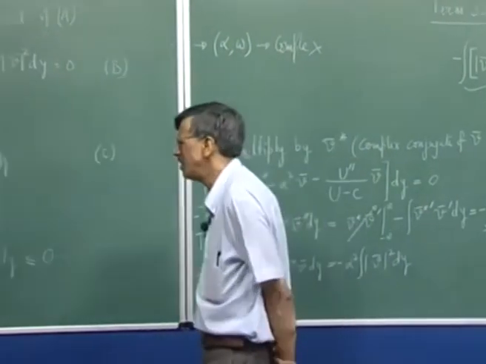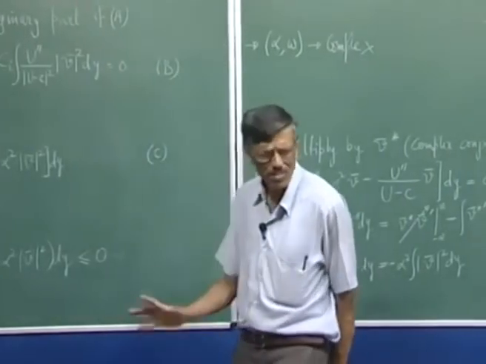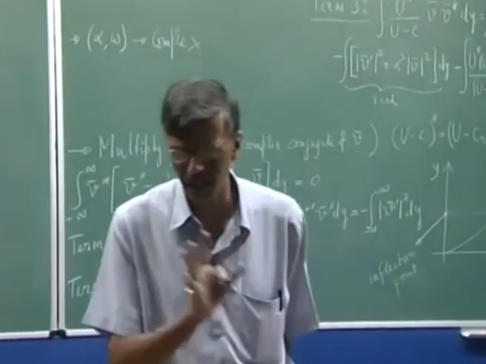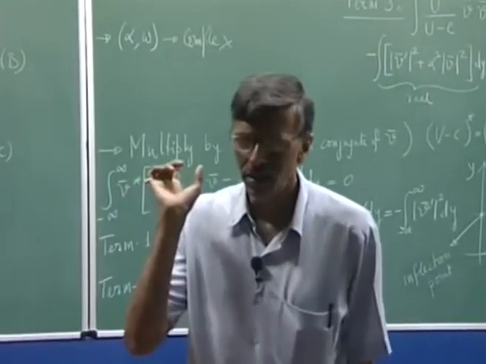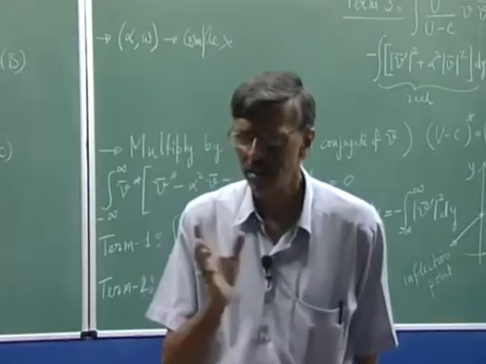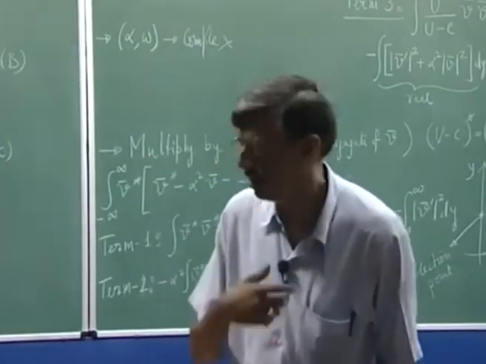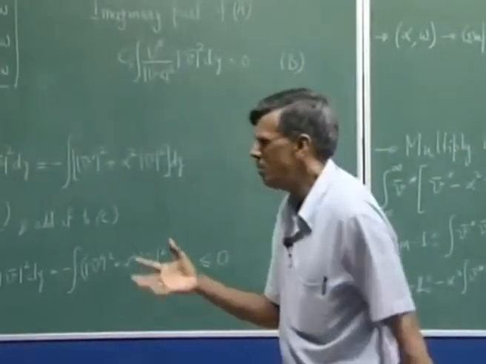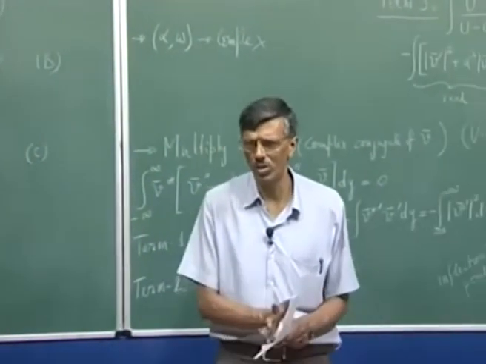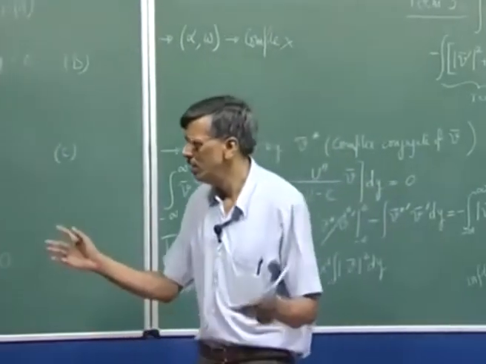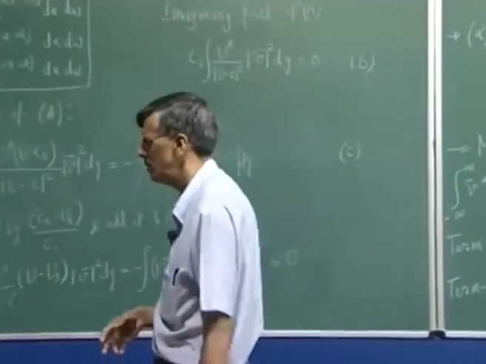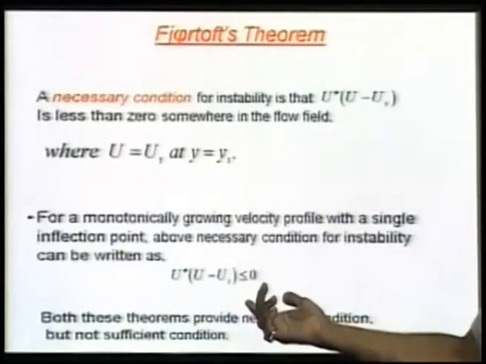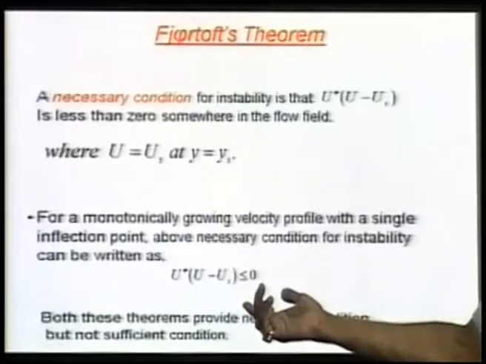So, basically, since this condition given by Fjørtoft includes both the real and imaginary part of the original Rayleigh's equation, it is considered to be a more general, stronger condition, right. So, basically you should remember both of these theorems together, and you can see that the condition of instability, if you write it like this, also includes Rayleigh's inflection point theorem.